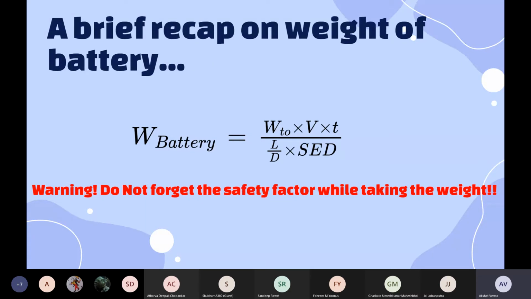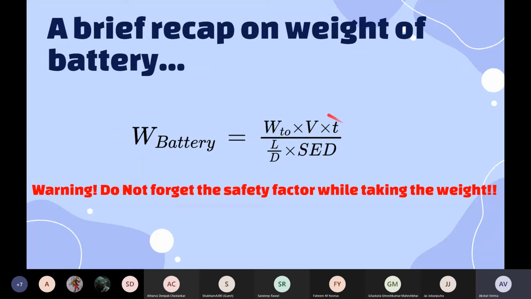Also, the components are not always quite efficient. You can't consider that a battery will give you energy at 100% efficiency. It's never the case. In most cases the battery efficiency is near 90%, so you also need to incorporate this while calculating the weight of battery from the energy required.